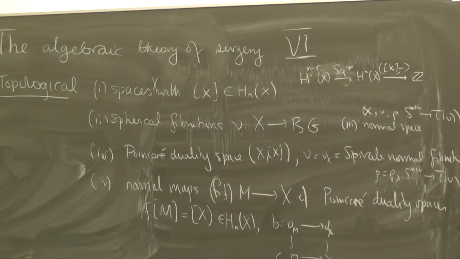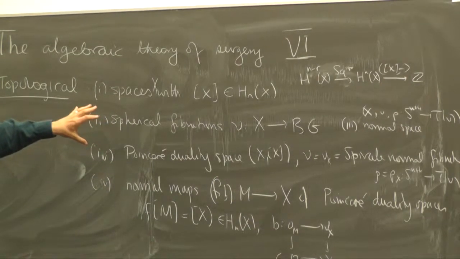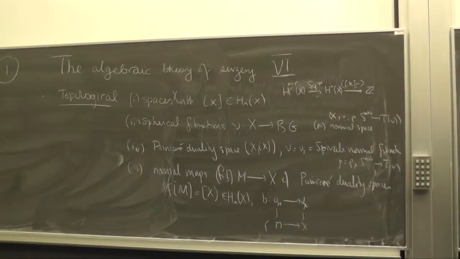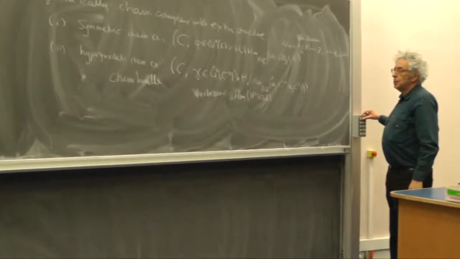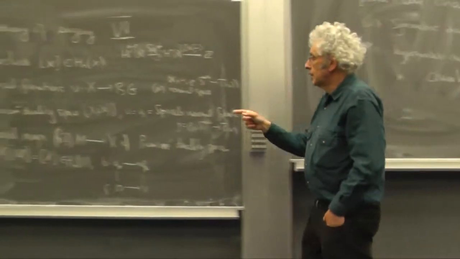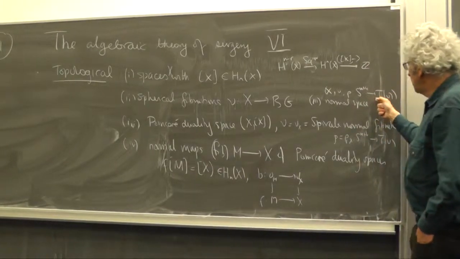Slightly peculiar dimension shifts. Now, for a Poincare duality space, it's not immediately obvious. So normal spaces, I missed that one. It's a normal space. A normal space is when you have not only a space, a fundamental class, and a spherical fibration, but also this curious degree 1 map.